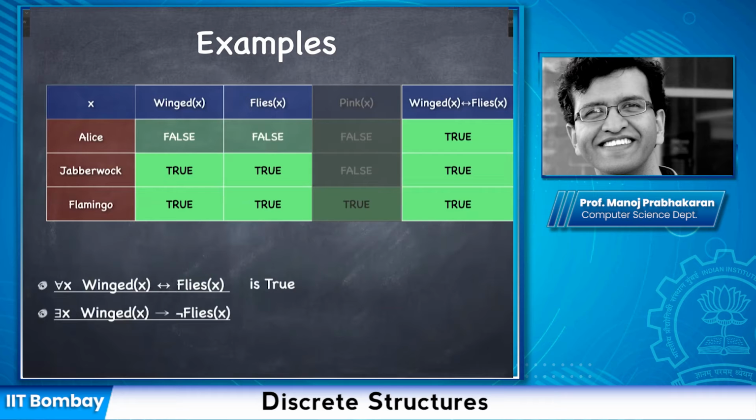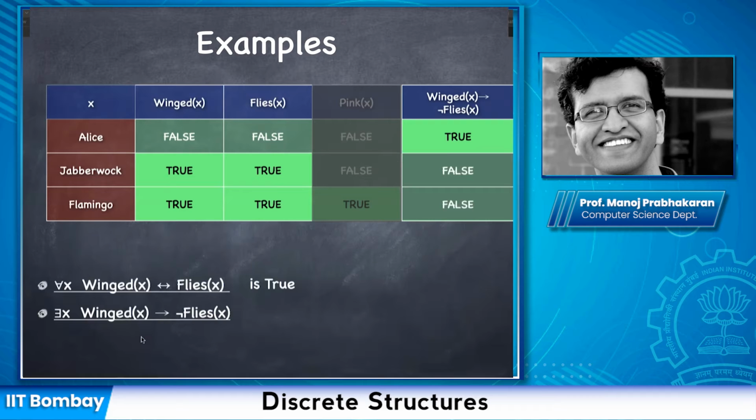Here's another example. There exists x such that winged x implies not flies x. So there exists some x such that if x is winged, then x does not fly. Why don't we just write that out? So there's my new predicate: winged x implies not flies x.